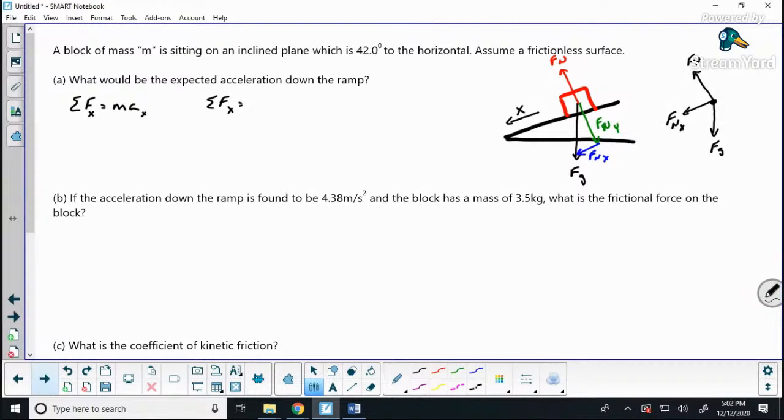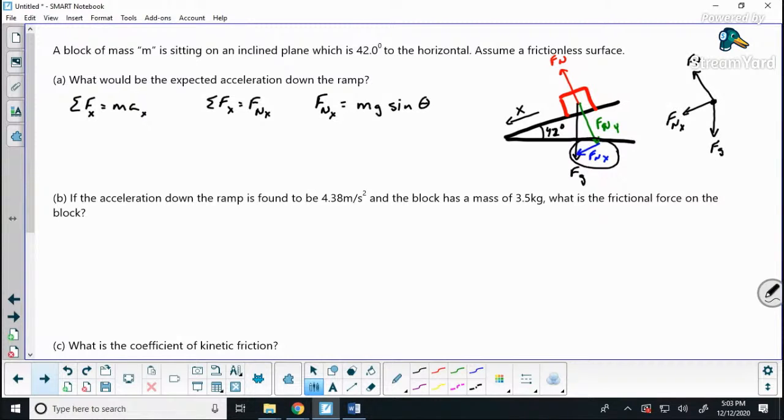Because there's no friction, this value of force normal in the x is my net force in the x-axis. And we just established in the previous screen that force normal in the x would end up equaling mg sine of theta. And luckily they tell us 42 degrees is my theta.